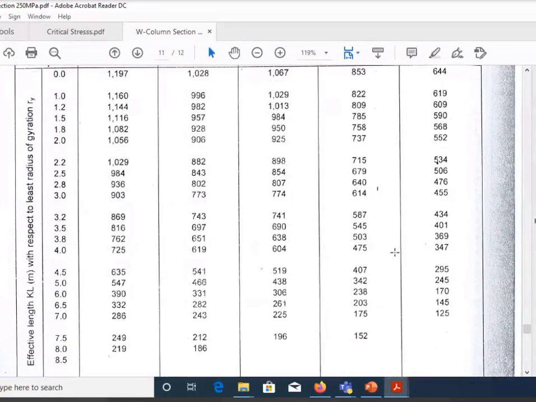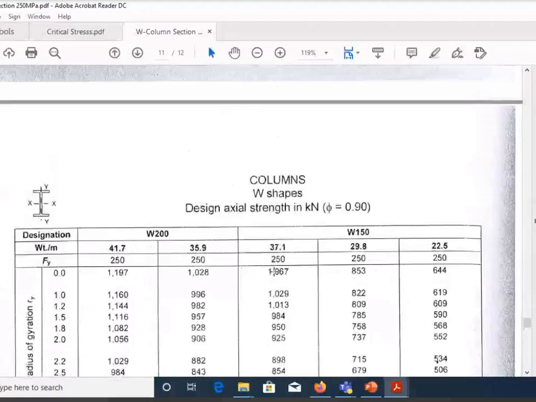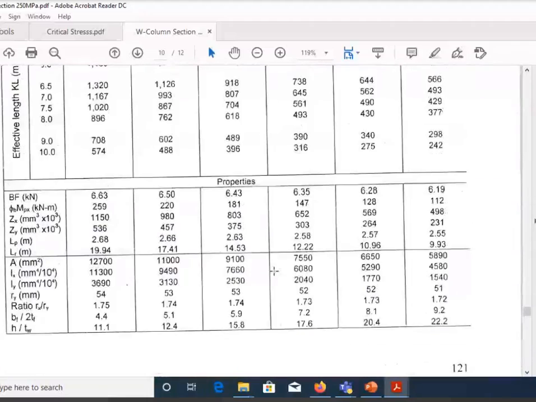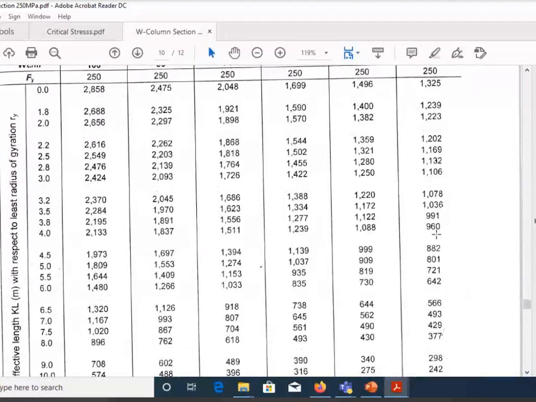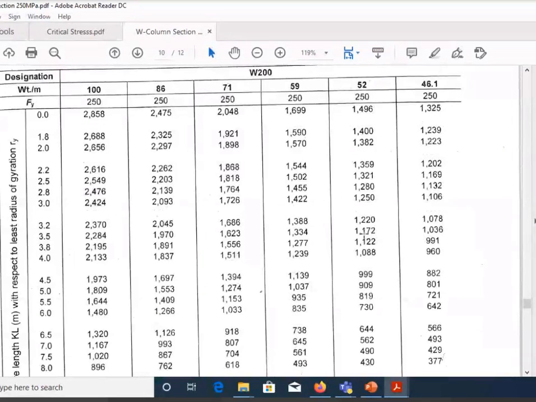Similarly, on this page, all sections have a capacity less than 975 corresponding to effective length 4. Maybe yes, on this page, this section has less than 975 and this has more than 975. This may be okay, but the capacity is 1088.